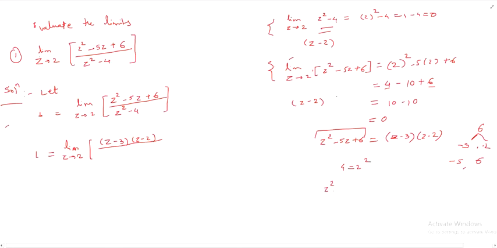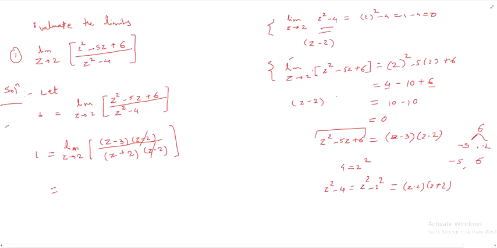Therefore z square minus 4 means z square minus 2 square, that is (z minus 2) into (z plus 2), by using the identity a square minus b square is equal to (a minus b) into (a plus b). Here one common factor is very clear and obvious, so cancel it from numerator and denominator.